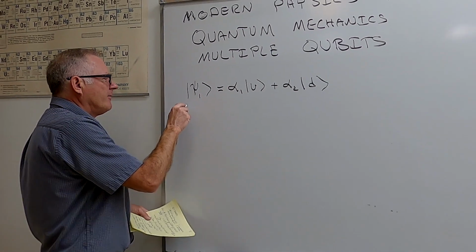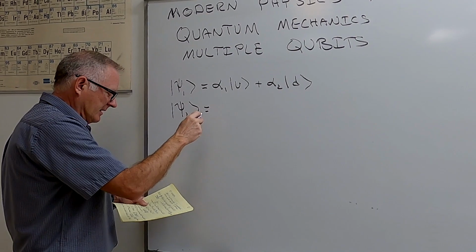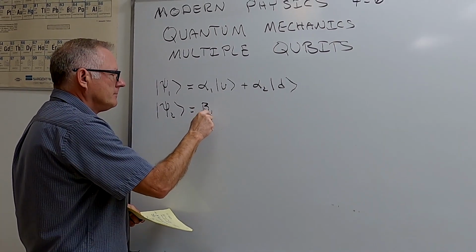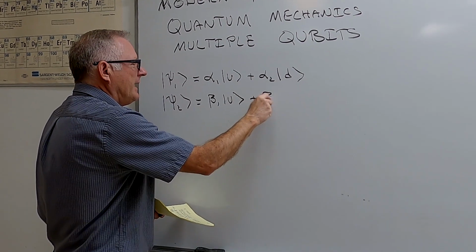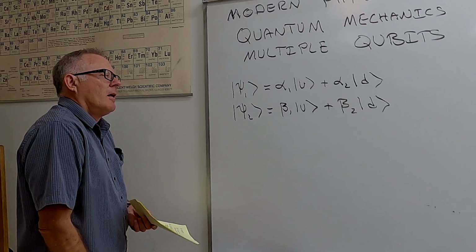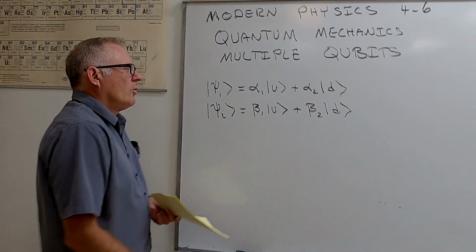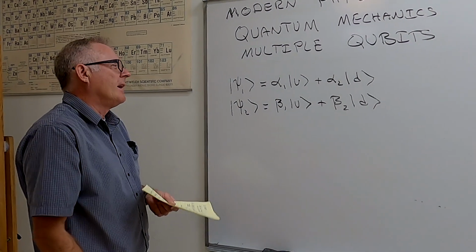And then let's say we have a second qubit, which is, say, beta 1 up plus beta 2 down. Again, we can't really ever know what alpha 1 or alpha 2 is.